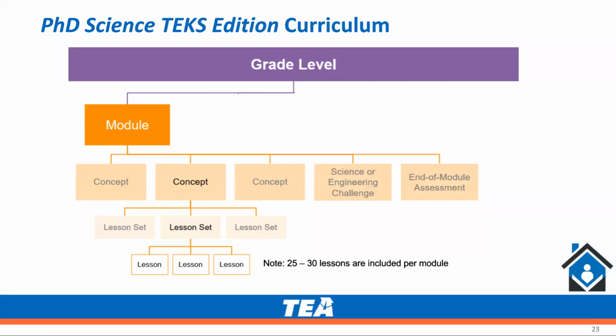Each concept contains a series of lesson sets that allow students to rigorously engage with coherently linked sub-phenomena questions related to the overarching essential question and anchoring phenomena of the module. Teachers will have access to modules and lesson sets that align to TEKS and address unfinished learning.